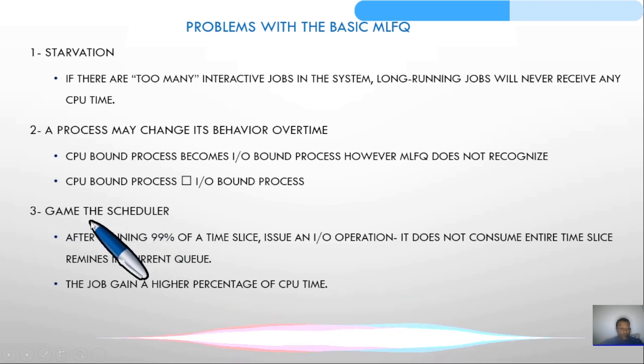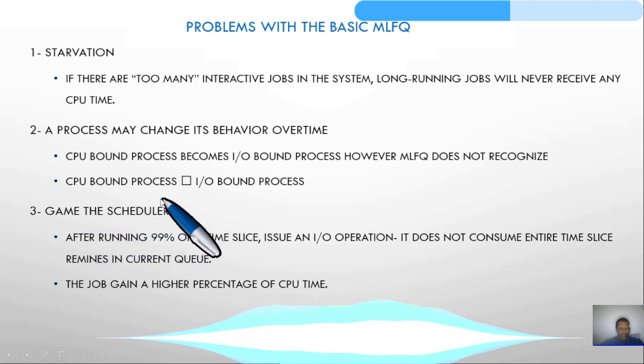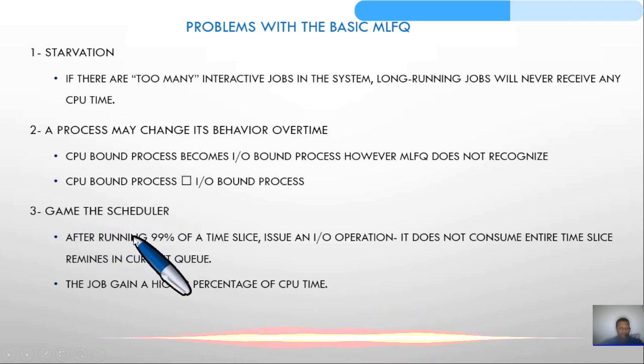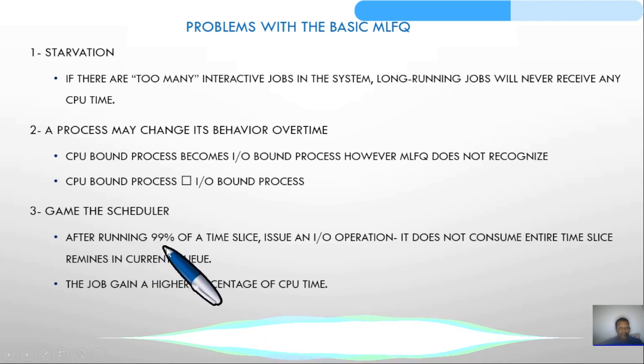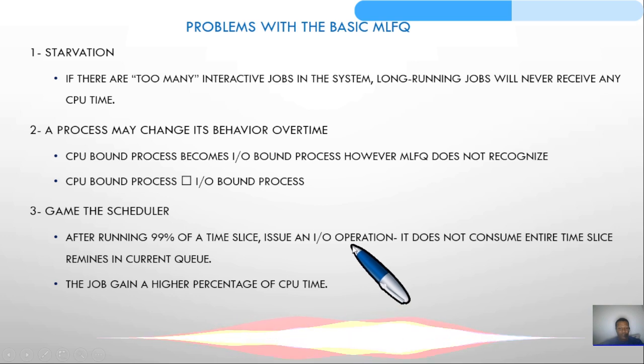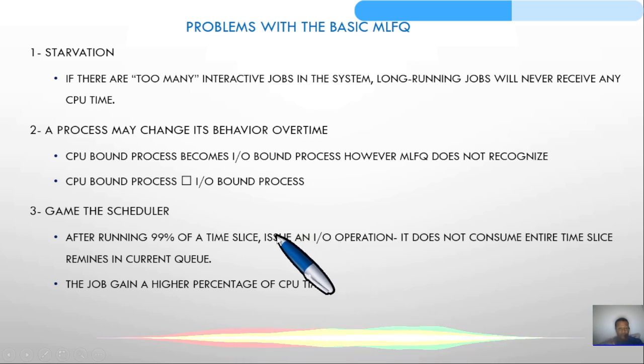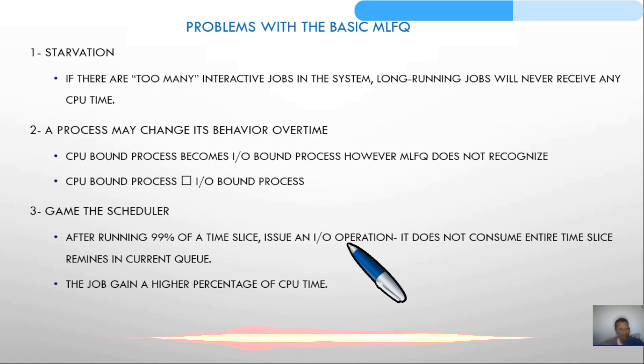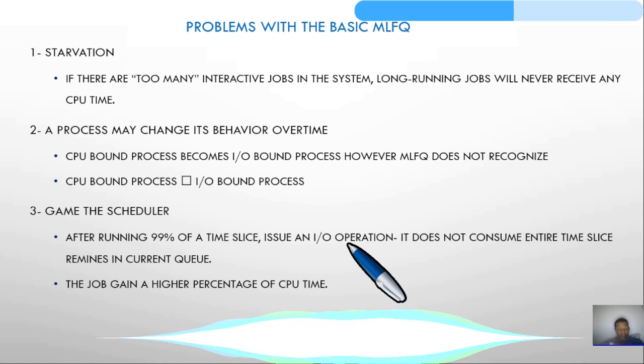The third one is gaming the scheduler. For example, after running 99% of the time slice, issue an IO operation, because as per our rules, if a process doesn't use up the time slice, then it will not go to the lower queue.